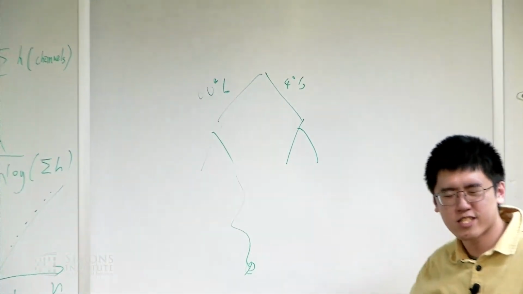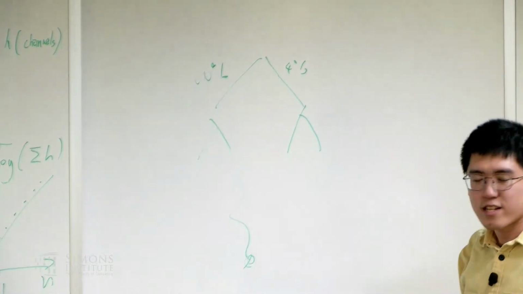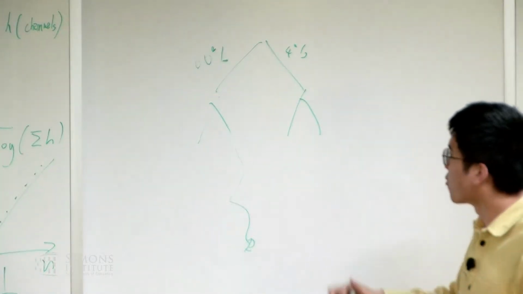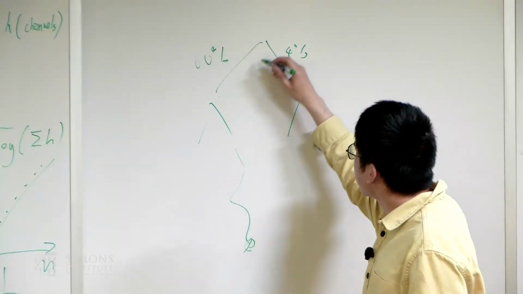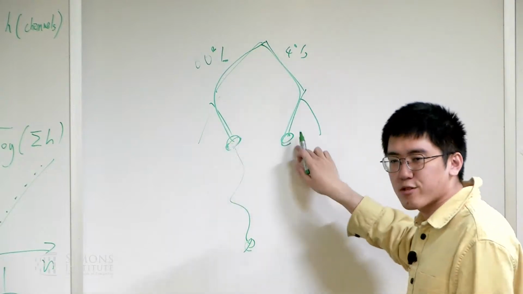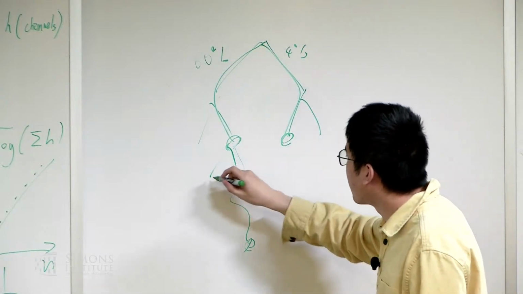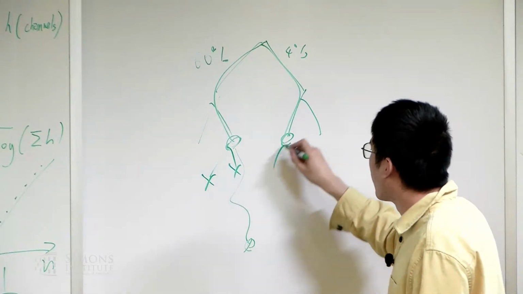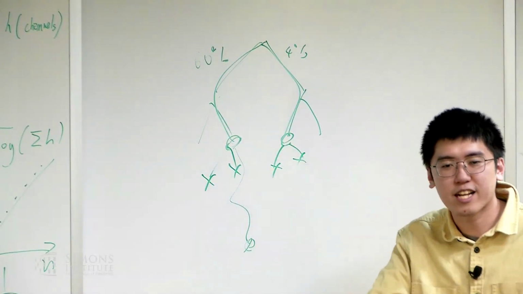So this is what the successive cancellation decoder does. But the successive cancellation list decoder will pick maybe this point and this point, so it will maintain these two points in memory, and then it will compute whether or not these four points are good, and then it will select the first two.